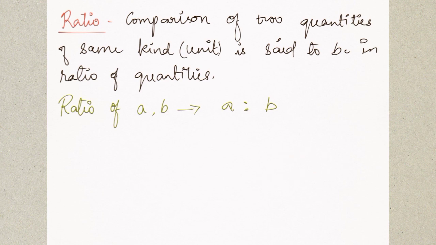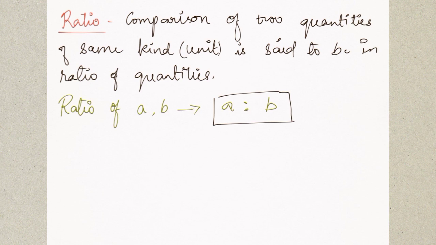So the definition is this: comparison of two quantities of the same kind. Whenever we want to express the ratio of A and B, we say it as A is to B or A ratio B, in any way.